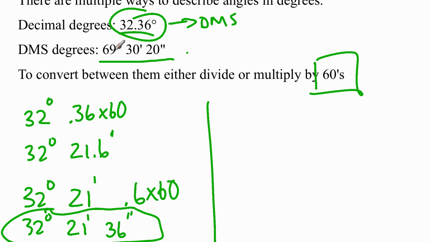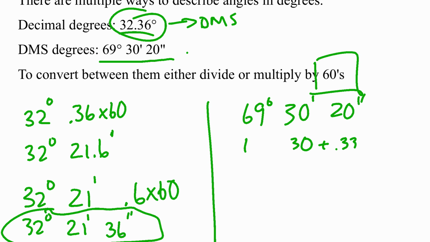To go the other way, you just do the opposite thing. Start over here. So if I have 69 degrees, 30 minutes, and 20 seconds, I'm going to start with the 20. Instead of timesing by 60, I'm going to divide by 60. So 20 divided by 60 comes out to 0.33, repeating. And what I do is I add that to the 30.